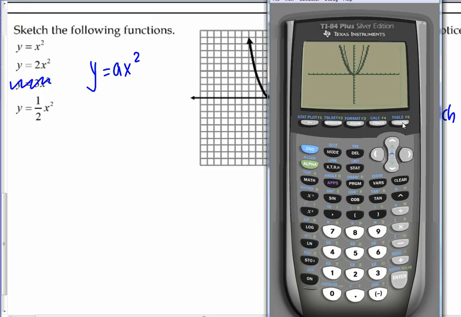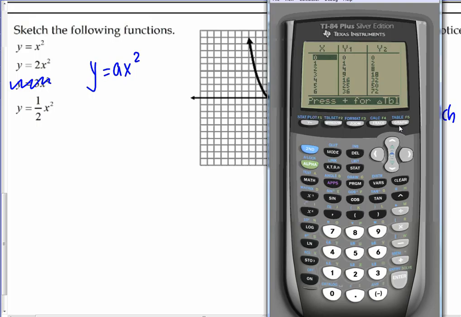Okay, does it make it more narrow or more wide? Narrow. And the reason is, if we go to the table, what's happening to all our y values? It was 1 before, now it's 2. It was 4 before, now it's 8. 9 is 16. They're all doubling. That a value is doubling because it's 2x squared.